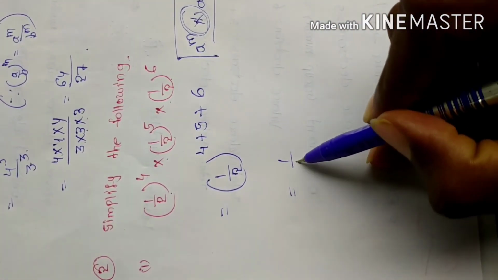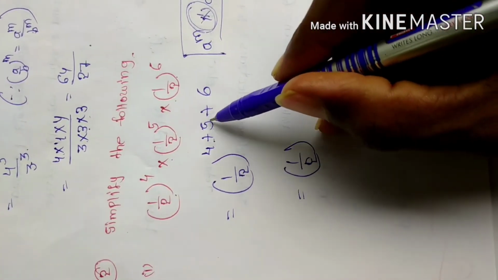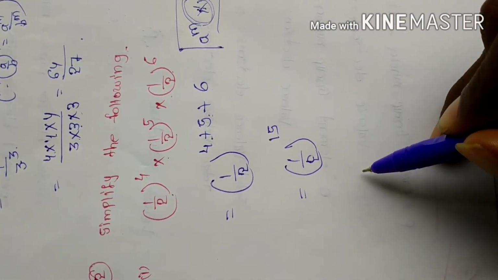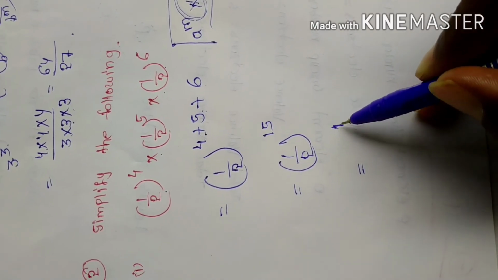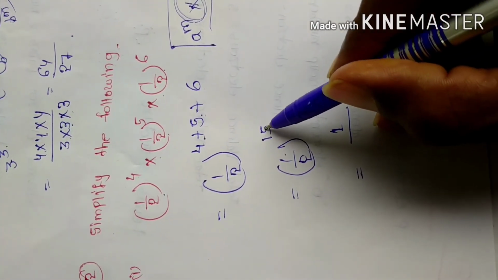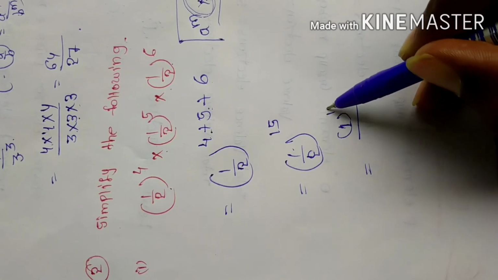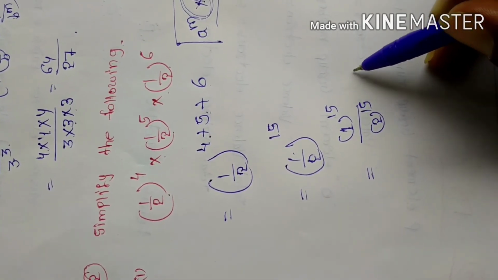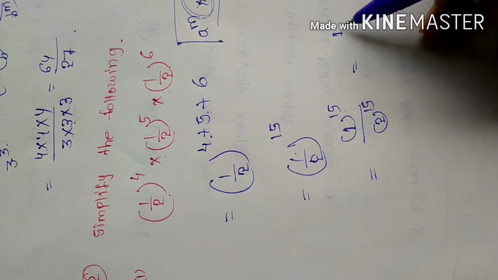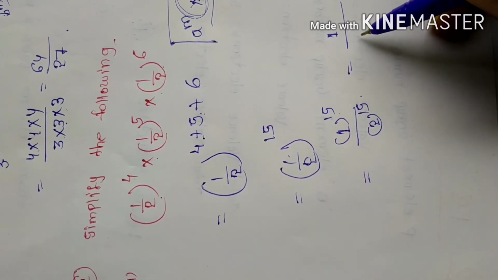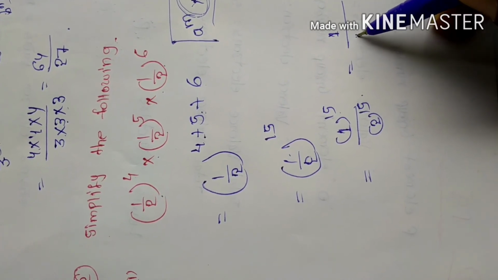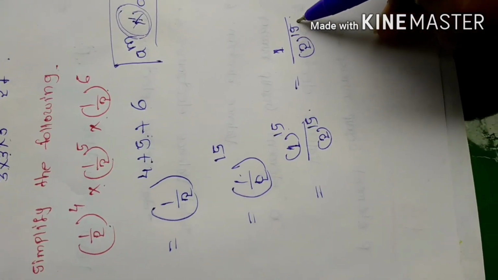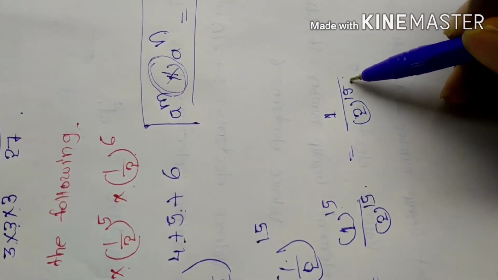Your answer will become 1 by 2 whole power, 4 plus 5 is 9, 9 plus 6 is 15. That means 1 power 15, which is 1 only, by 2 power 15. That means you have to multiply 2 fifteen times. If it is a big number you will write it like this only.